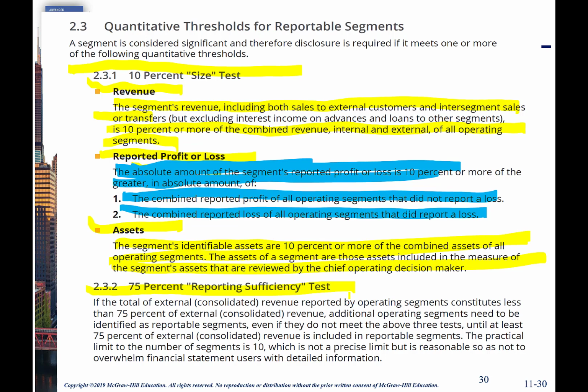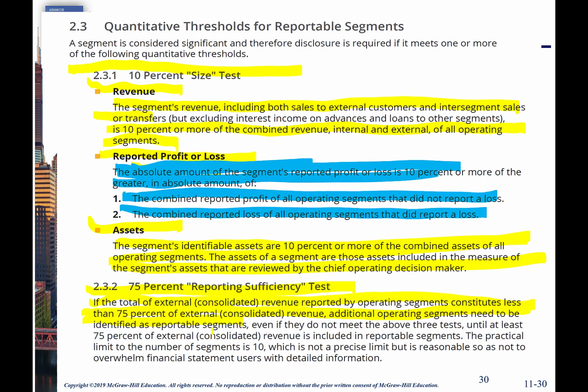We have to have enough segments that we have now presented at least 75% of the consolidated revenue of the consolidated company. So if the segments you've identified using the 10% test do not constitute 75% of the consolidated revenue, then there's an expectation that you will continue to add segments until you represent at least 75%.